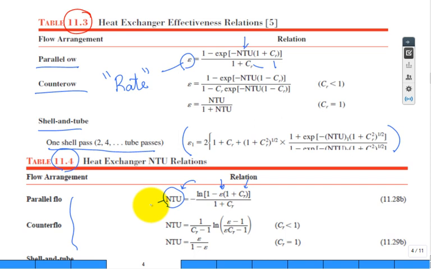The NTU is basically the size of the heat exchanger, how big it is. Its area is in there. So effectiveness gives you basically Q, and NTU gives you the area. So there are two things in heat exchanger problems: either you're sizing it or you're rating it.